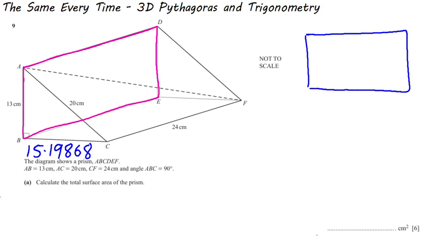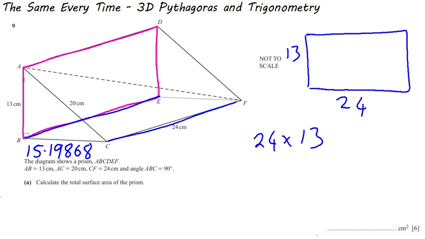Let's see, A to B there is 13, and the B to E, this side just here, is the same as this, isn't it? So that would be 24. So the area of that face, 24 times 13, will give us 312.